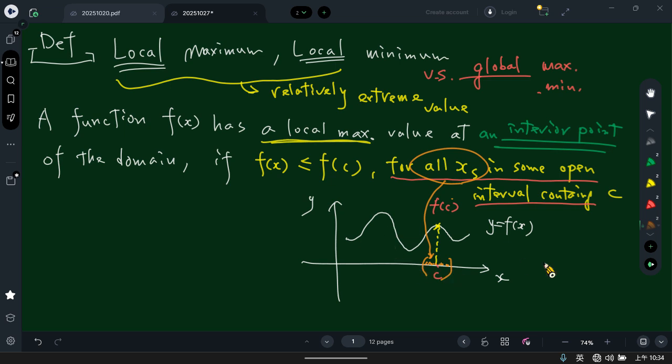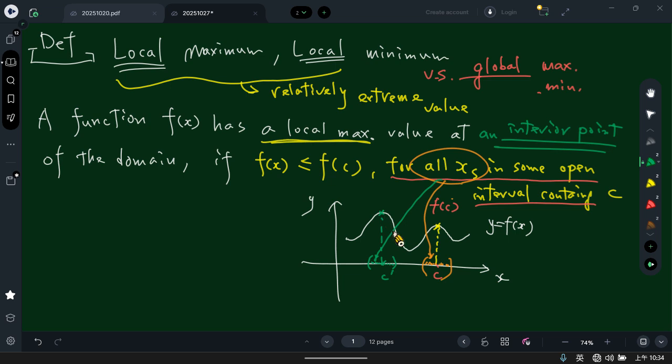Similarly, at this c prime point, you can also find an open interval containing c prime. Then its function value f of c prime is also larger than or equal to all other x here, right?